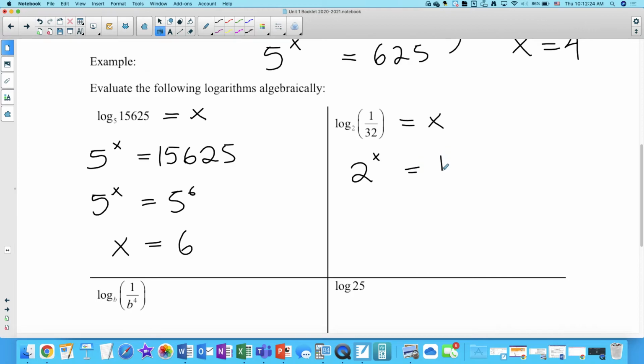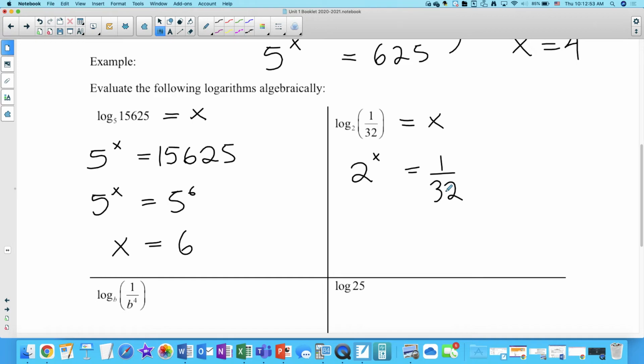Okay, so this is another one of those questions where that power of 2 is actually in the denominator. So when you see something like that, don't worry about the fact that it's in a fraction yet. Just see if you can express 32, the denominator, using a power of 2. Can we do that? Yes. 2 to the 5. So I'm going to keep going with that.